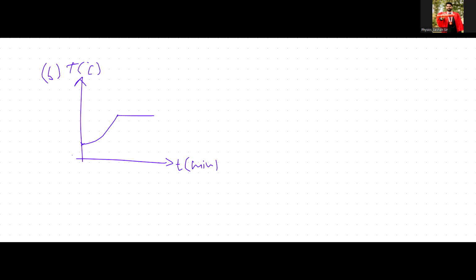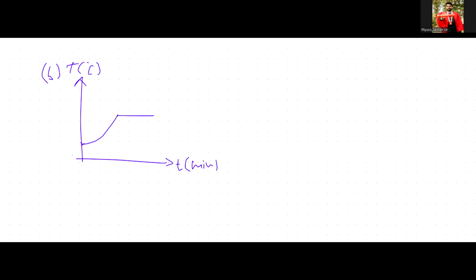Then the student obtained these readings by heating 100 gram of wax in a calorimeter of heat capacity 60 joules per kilogram. Okay, it should be changed to 60 joules per Celsius, right?